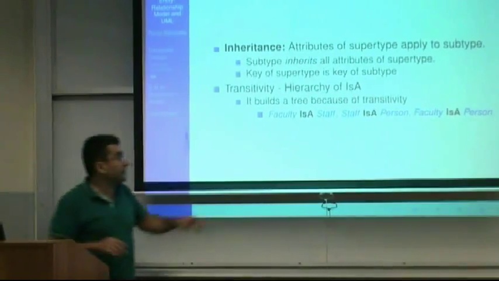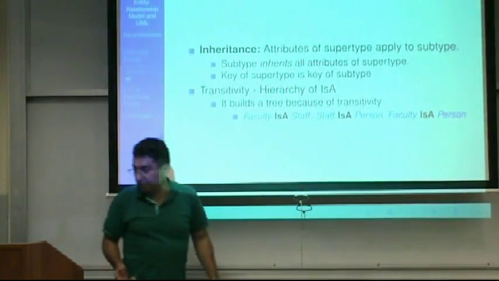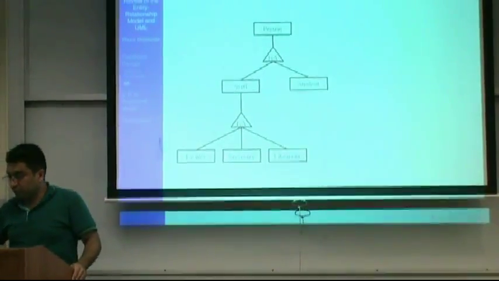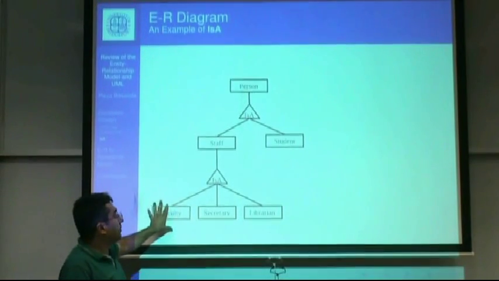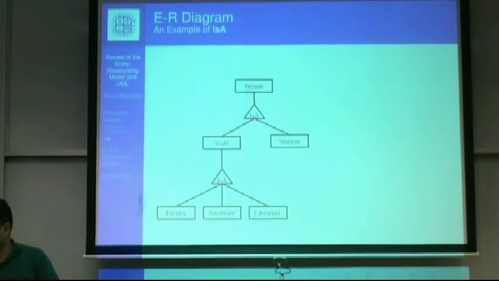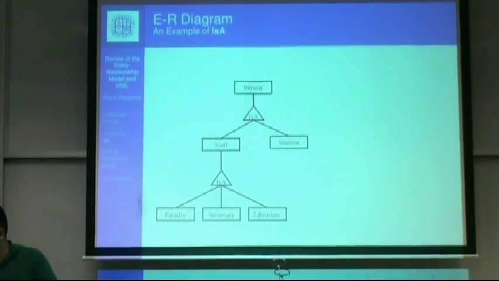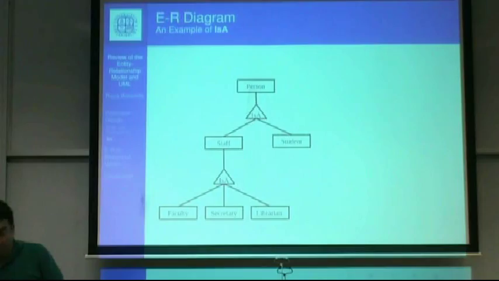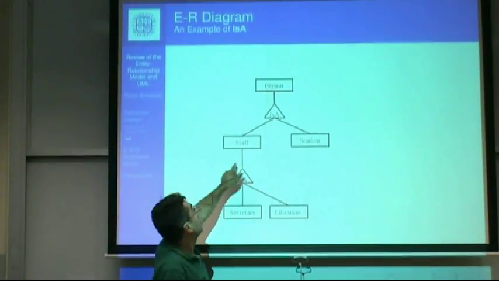For example, faculty is a staff, the staff is a person, then faculty is a person. You can directly infer more information about the staff. For example, here you can see the entities shown in this hierarchy by is-a relationships. The faculty, secretary, and librarian is a staff. The staff is a person.